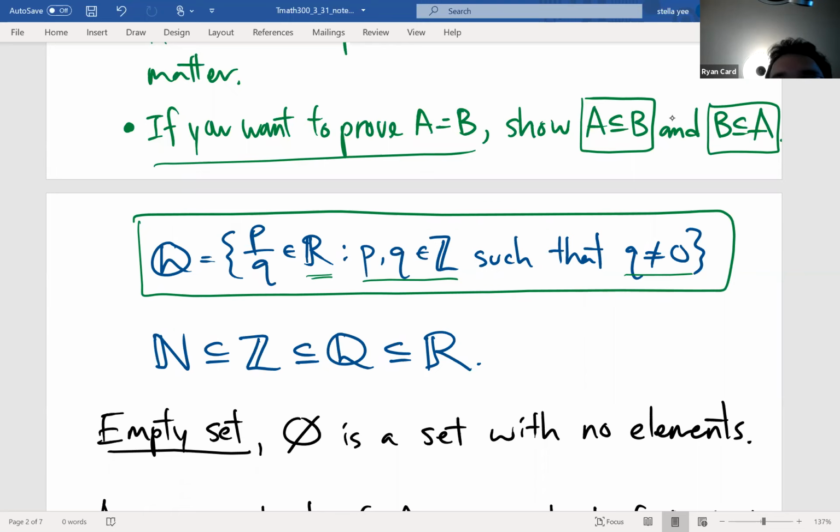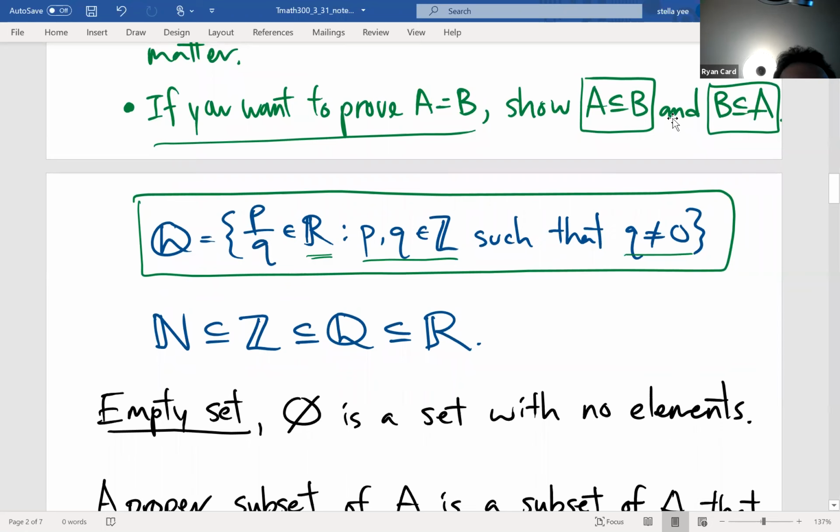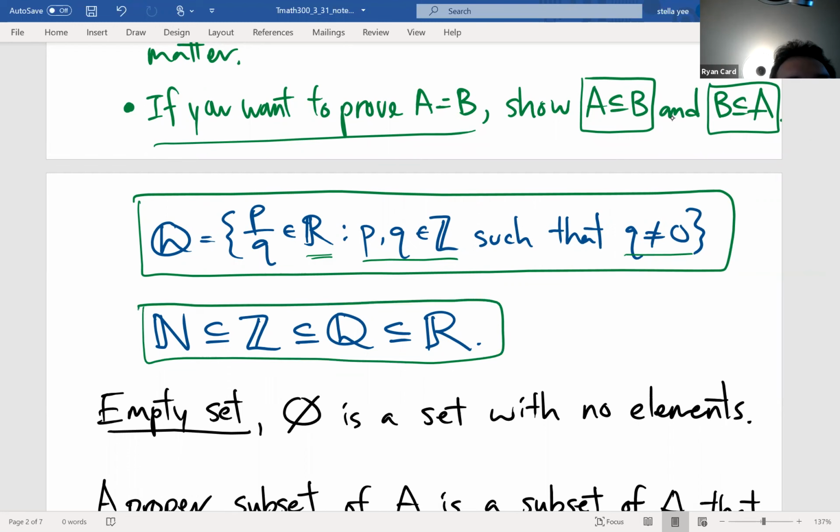I think Q is for quotient. Okay, so we have this natural subset ordering. Natural numbers are contained within integers, and both natural numbers and integers are contained in rational numbers, and rational numbers are contained within real numbers.